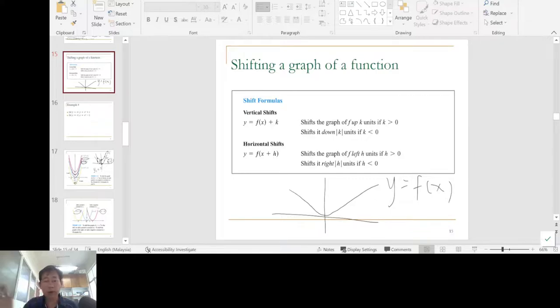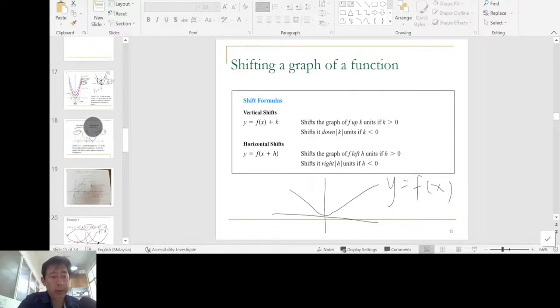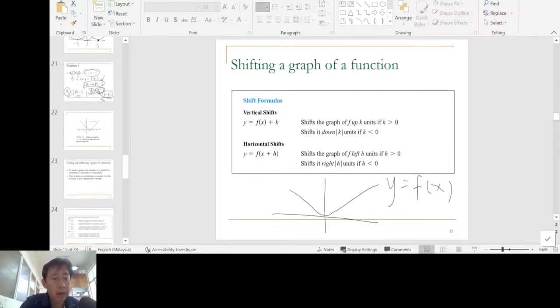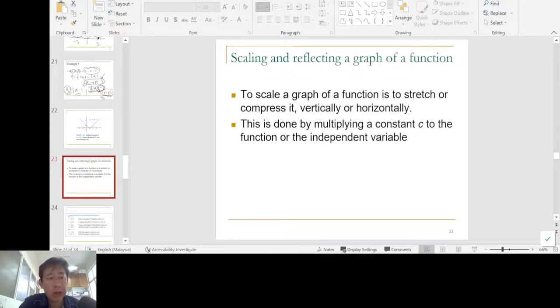If you want to shift it left or right, then you replace x by x plus k or x minus k. When you replace x by x plus k, it means you shift the graph to the left. If you replace x by x minus k, then you are shifting the graph to the right. Okay, so that is the idea of shifting the graph.